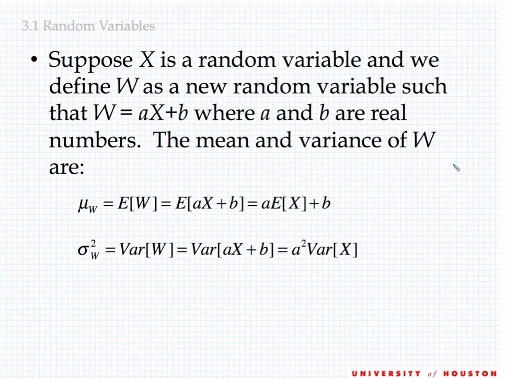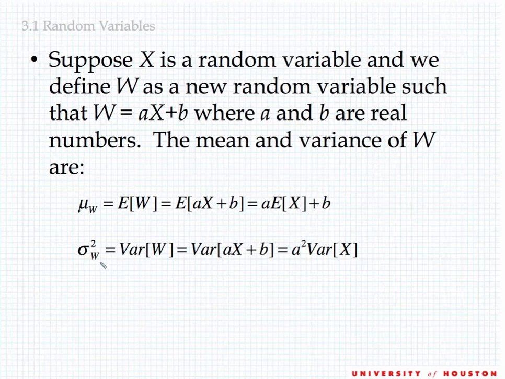Now suppose x is a random variable and we define a new variable w such that w is a linear combination of x with some real values. So a times x plus b. For example, 3 times x plus 1. The mean and variance can be found without recomputing all of my probabilities and values. The mean of a linear combination of x, the mean of a times x plus b, is a times the mean of our original variable x plus b.